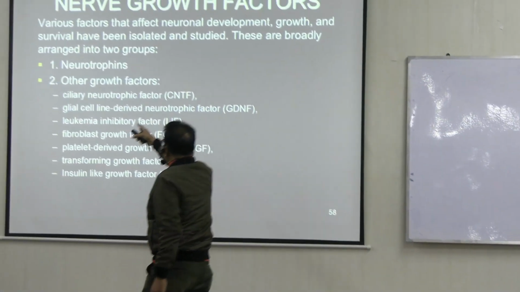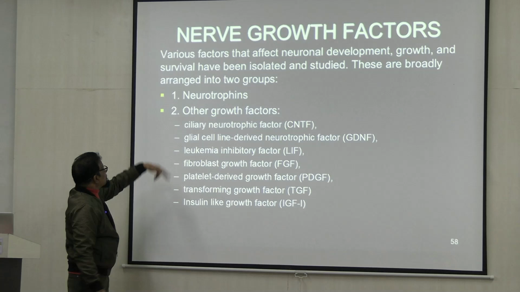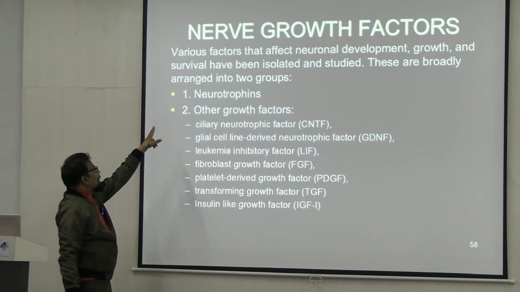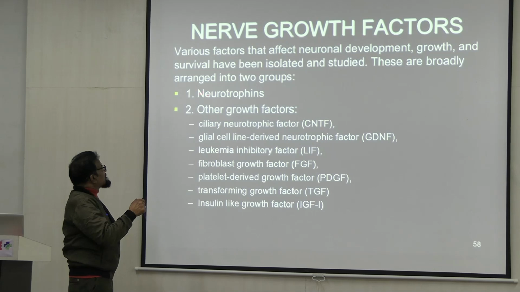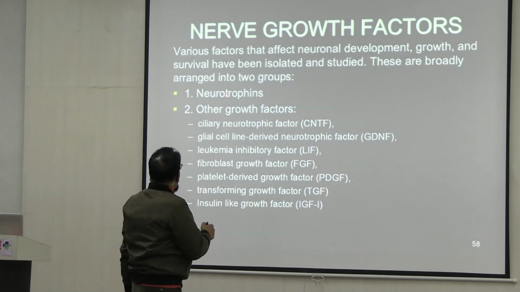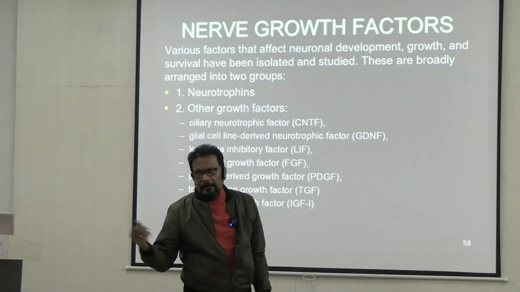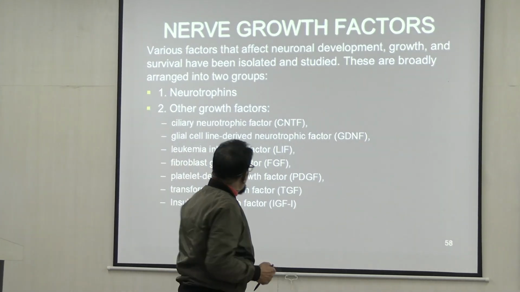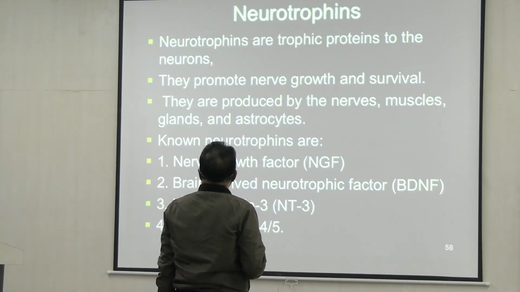They are of two classes: one is neurotrophins, plus others. Our nerve growth factor comes under the category of neurotrophins. There are other factors which we will not discuss now, you will learn them later. We will confine ourselves to the neurotrophins.